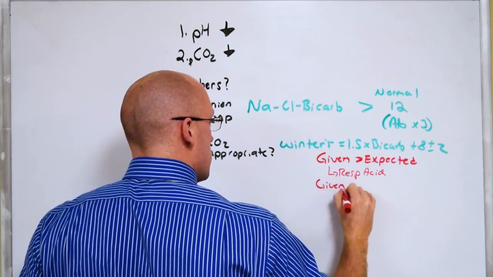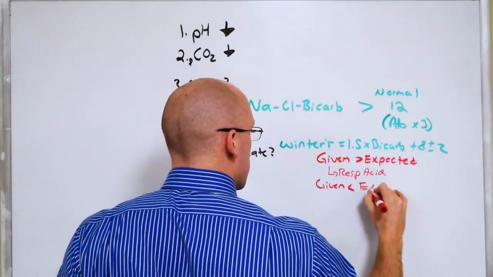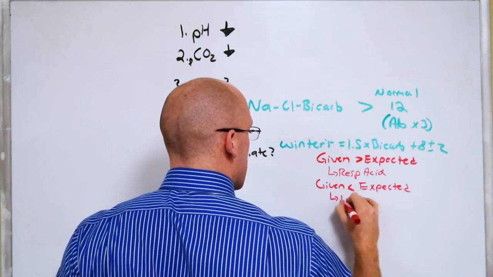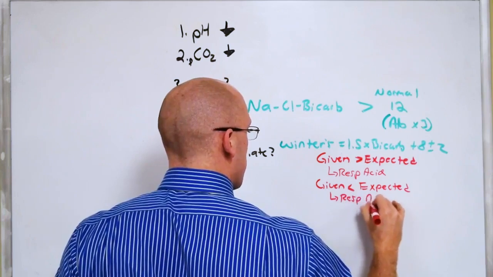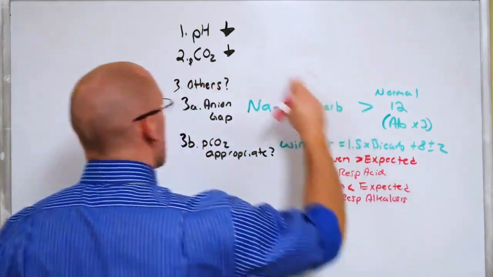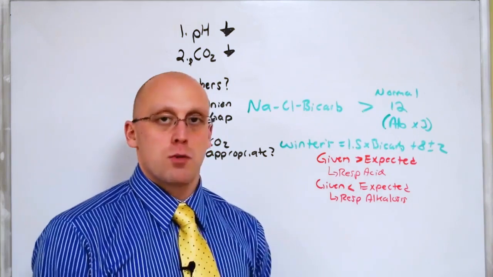If what you're given is less, that is below the bottom of the range you're expected, you have too few respiratory acids, that's a respiratory alkalosis. And so in addition to your metabolic acidosis, you'd also have a respiratory problem.